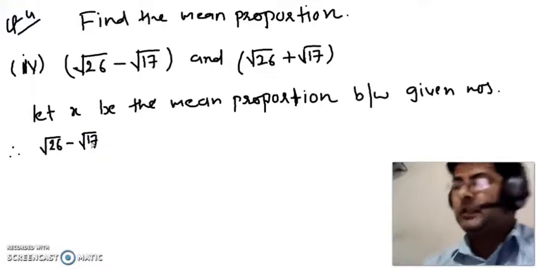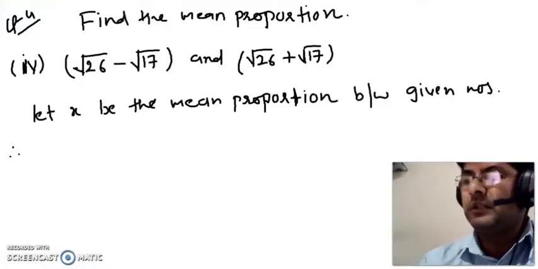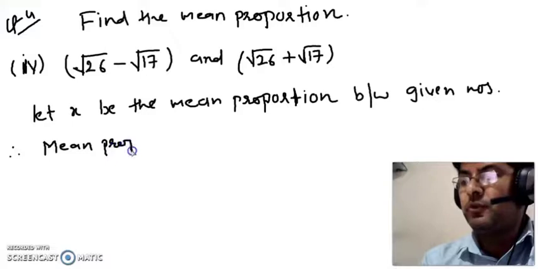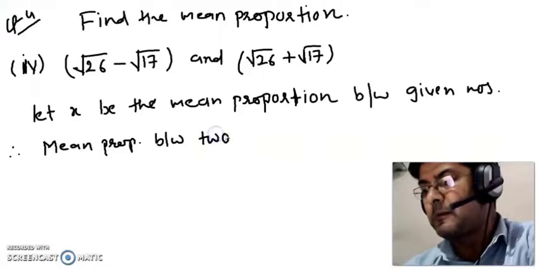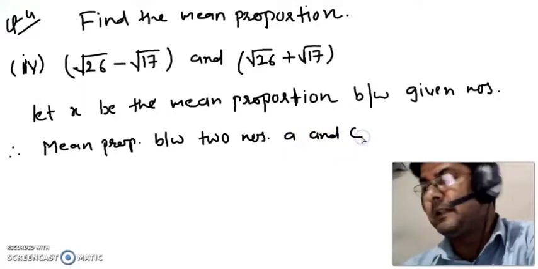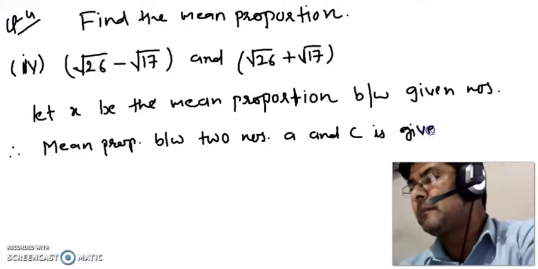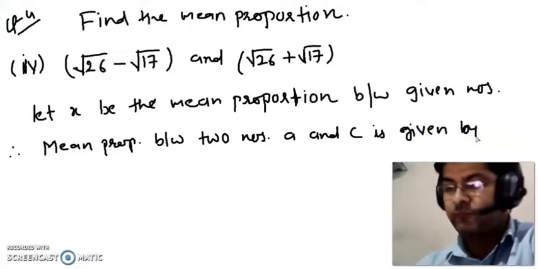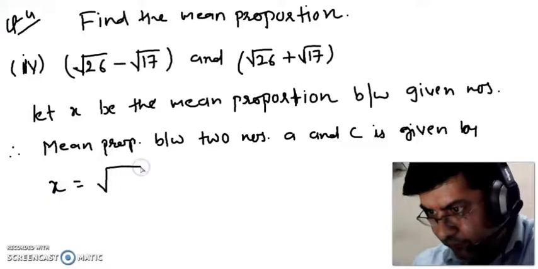Since x is the mean proportional and the given numbers are a and c, we have a formula: the mean proportion between two numbers a and c is given by x is equal to square root of ac.